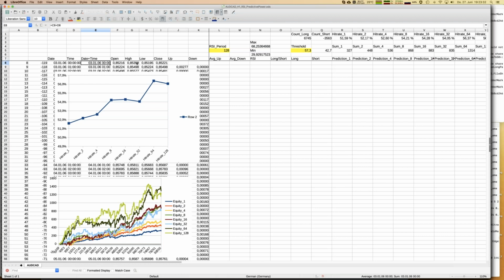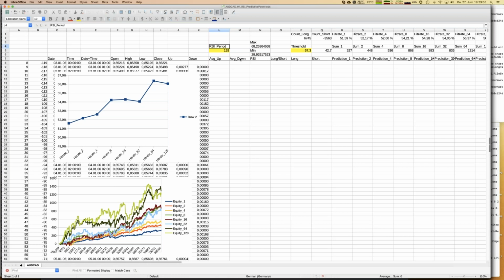In this case, it's H1 base, and the underlying is Australian dollar, Canadian dollar. Good. Then you definitely know how to download price data somewhere else, and then you can exchange those.